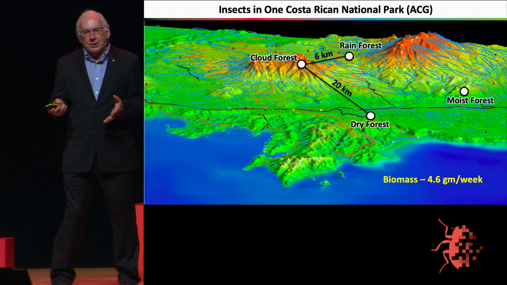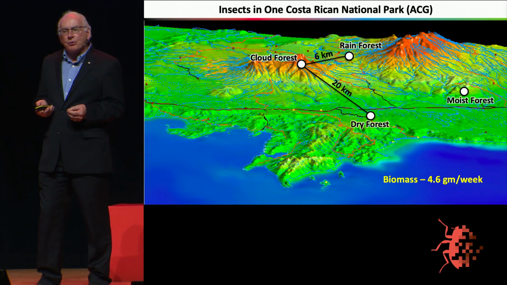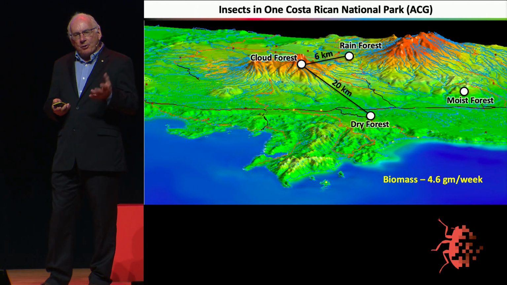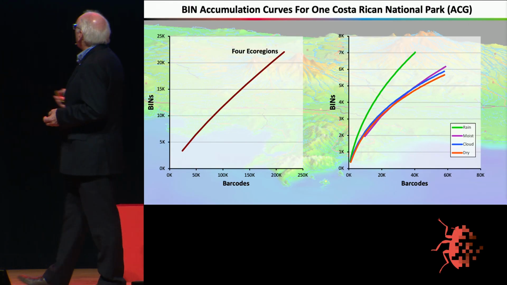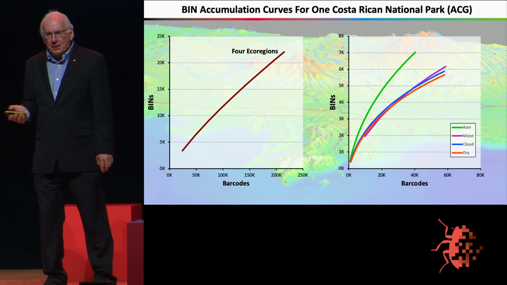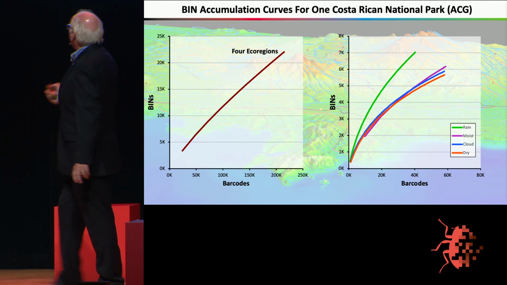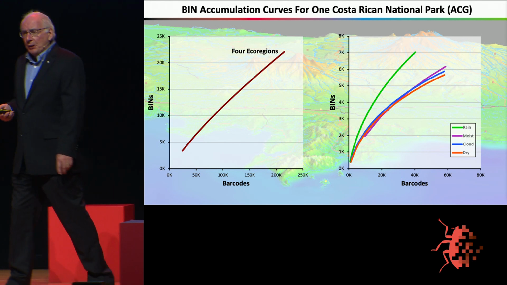And this is the kind of stuff we've been doing so far, just on a tiny scale, looking at rainforest, cloud forest, dry forest, moist forest sites just a few kilometers from one another. And there's the species accumulation curve, 250,000 specimens analyzed, about 250,000 species, rainforest more diverse than the other habitats.